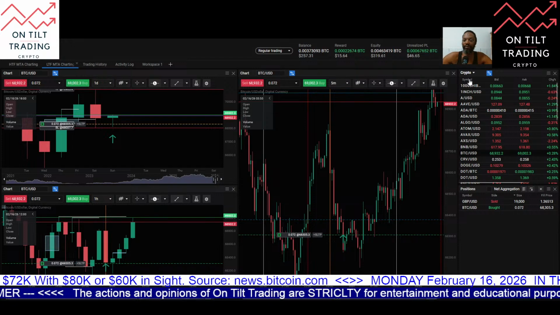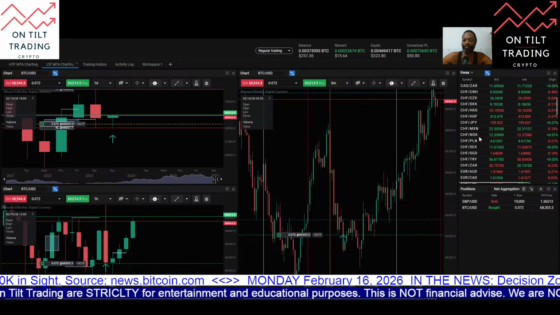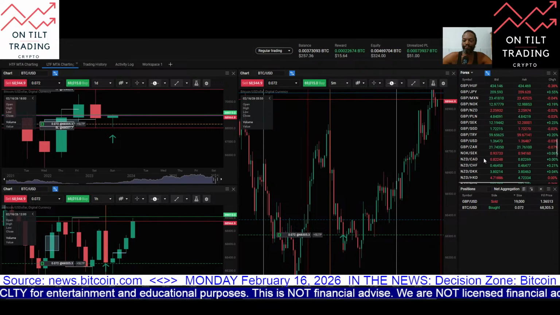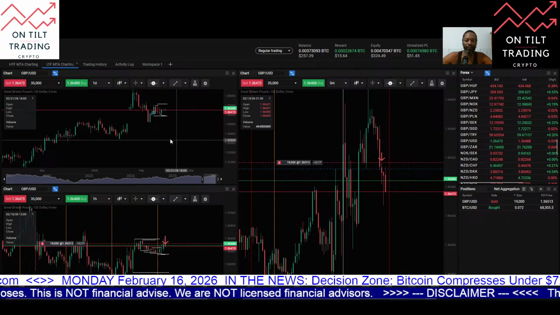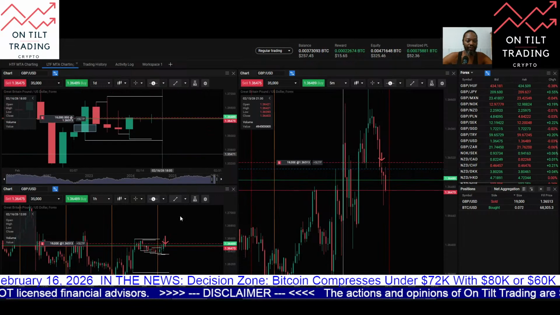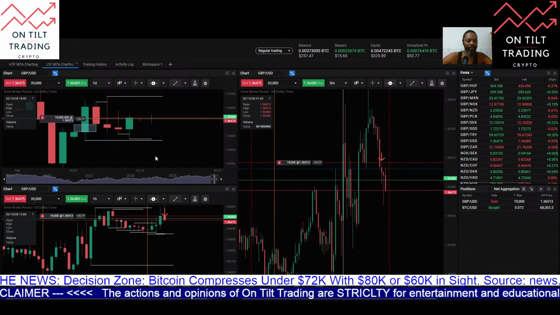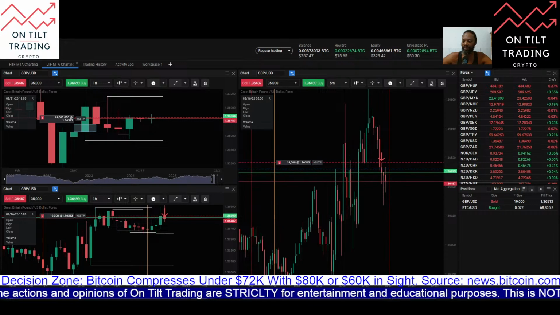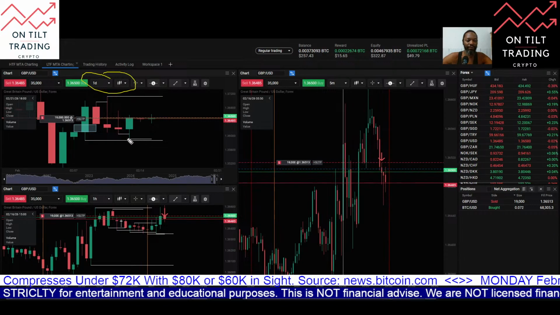And hop over to Forex. I'm currently trading pound dollar to the short side. This trade is based off of the 60-minute chart, mostly here. I'll bring your attention first to the daily chart.